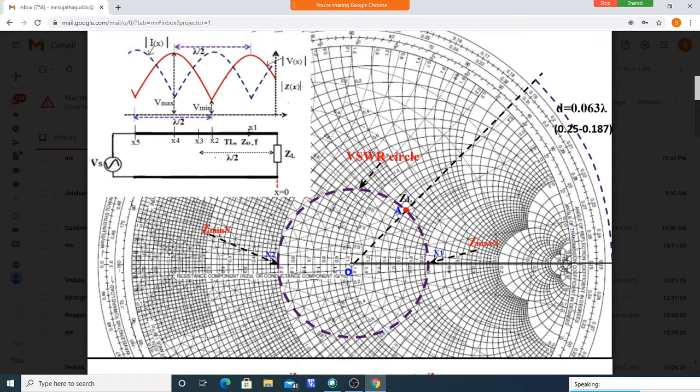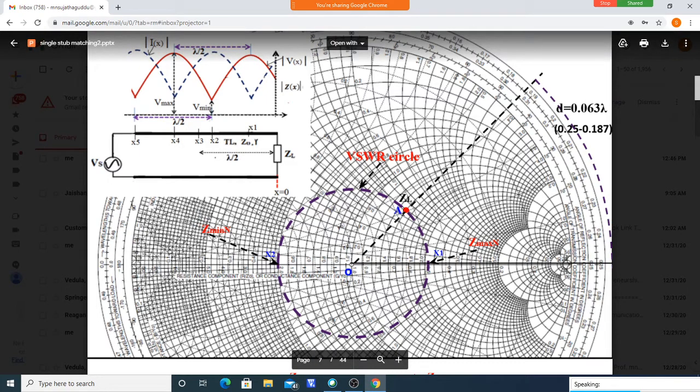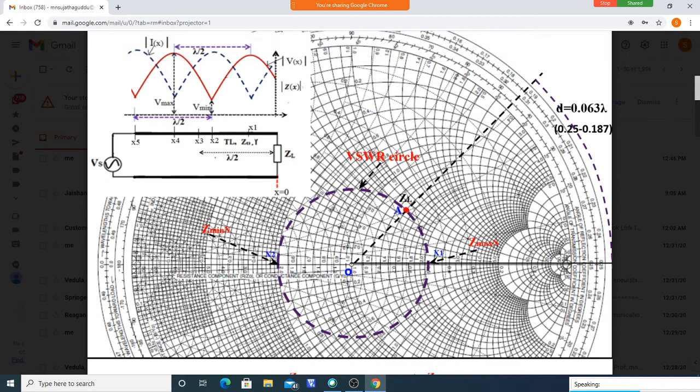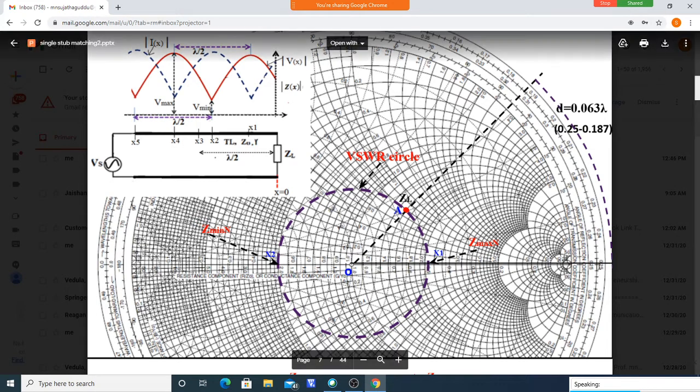Starting from the load, you move in the clockwise direction, and like this you will reach x1, where the VSWR circle cuts the horizontal line.